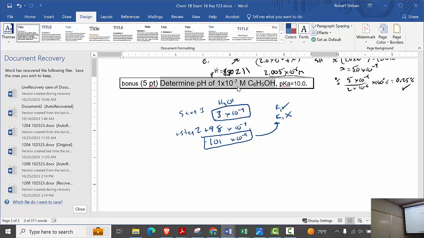When you do it simultaneously, do you start with 10 to the minus 7 molar hydronium? No. You could. That's one way you could do it. You could start with 10 to the minus 7 molar hydronium and then do Le Chatelier's shift. It's possible.